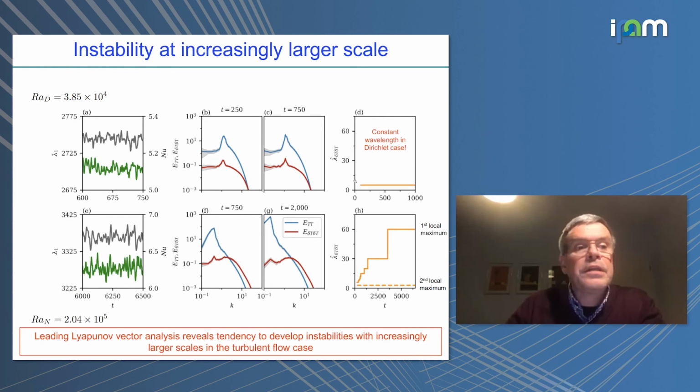And we see that in the Dirichlet case, this maximum stays constant with respect to time, while in the other case this first maximum starts to grow until the box size is reached. This is the second maximum, which is, for instance, here in this particular example. So we basically see by this Lyapunov analysis exactly the same as what Chapman and Proctor found in their theoretical analysis.